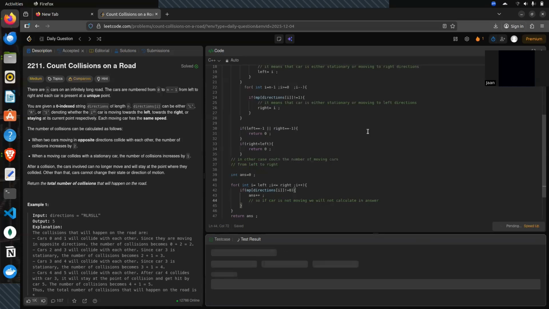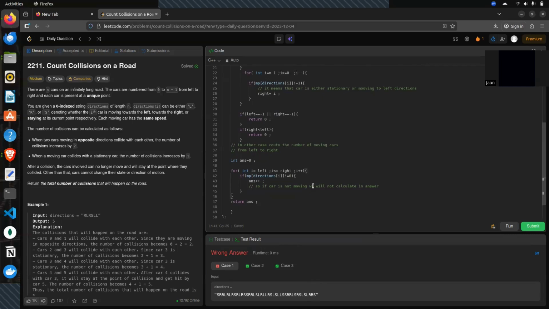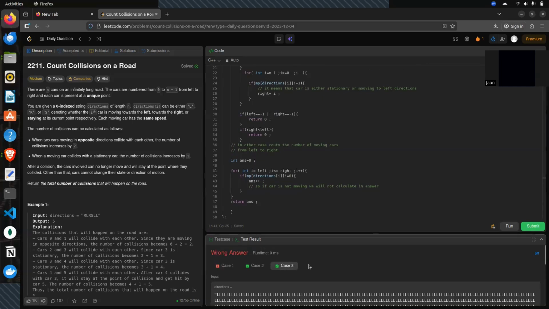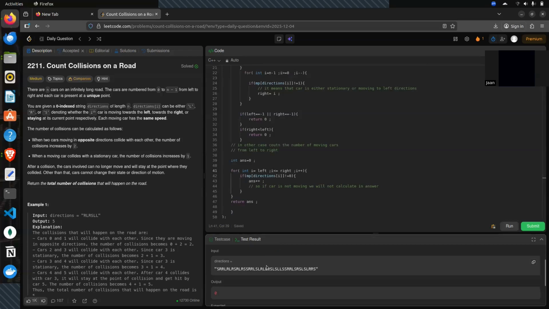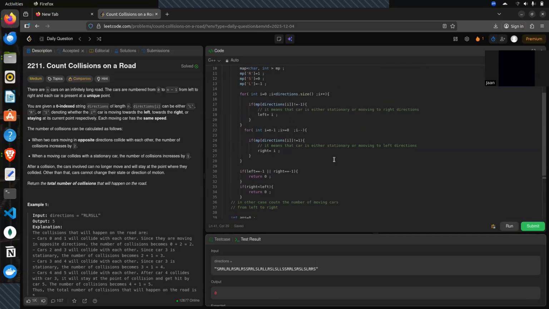Let's see. So probably we are making some mistake, and now we have to debug this MP directions.